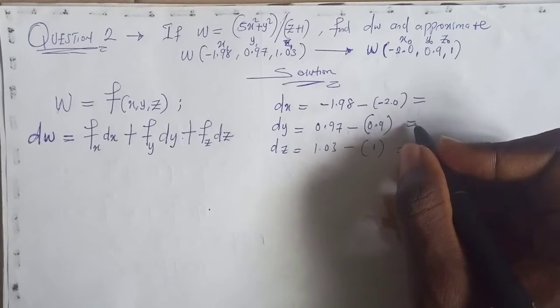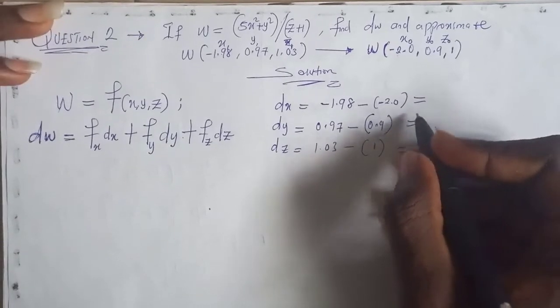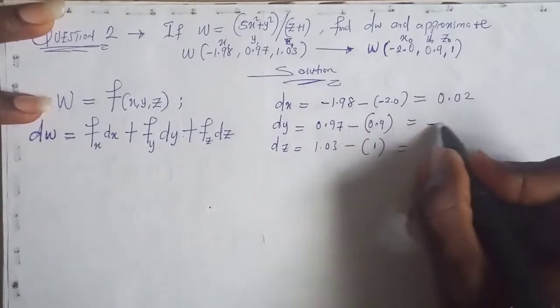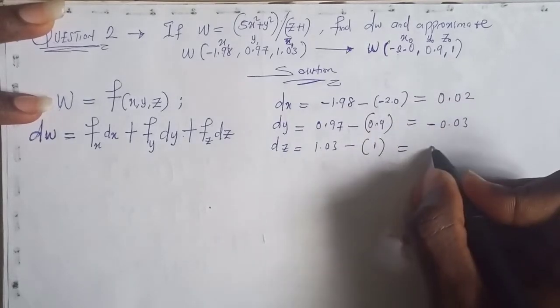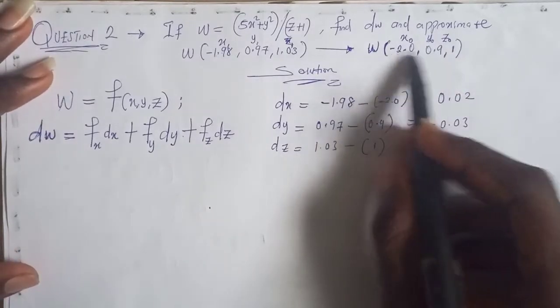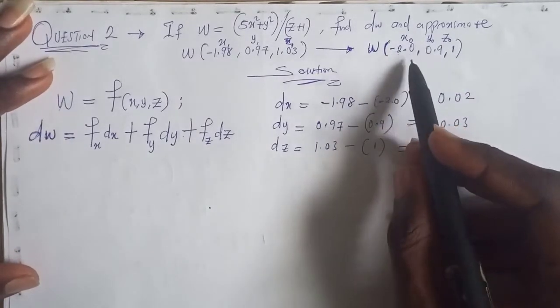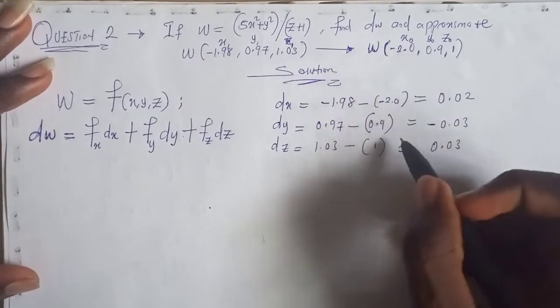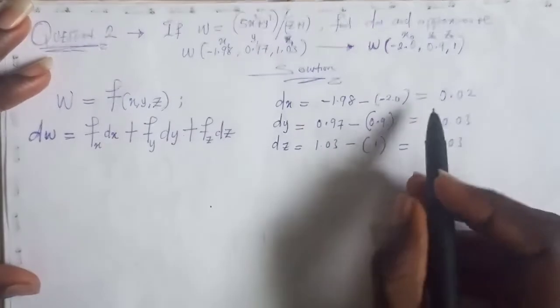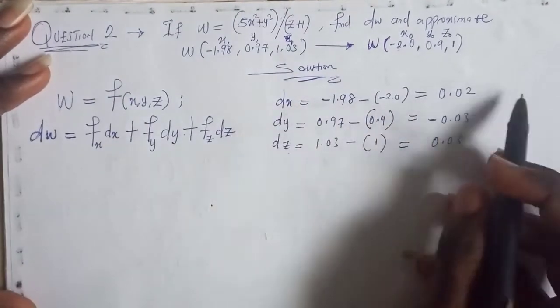After subtracting, we end up having 0.02, minus 0.03, while this will give us 0.03. You can form your own initial guess, but at least try to create one, then you find an approximate for this expression. So now I have my dx, dy, and dz values.